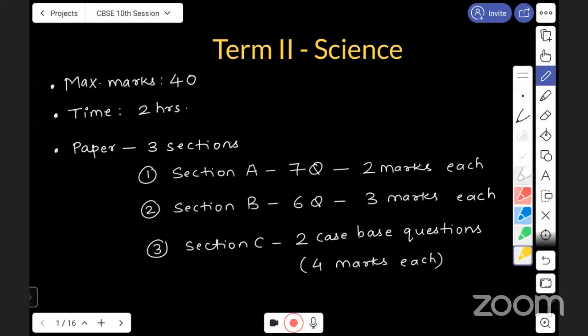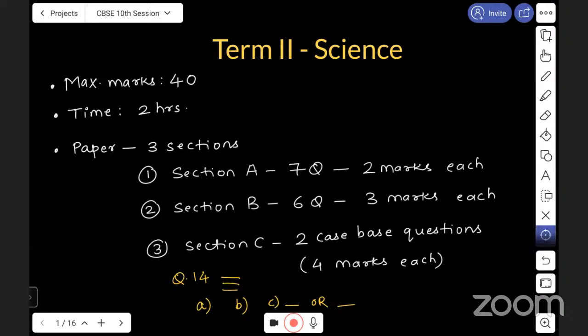Suppose question numbers 14 and 15, the last 2 questions, are from section C. In question number 14, some data will be given and you will have 3 sub questions, A, B and C, and the C question will have options. Always remember the first 2 questions carry 1 mark each and the C question has 2 marks, and you will have an option for it.